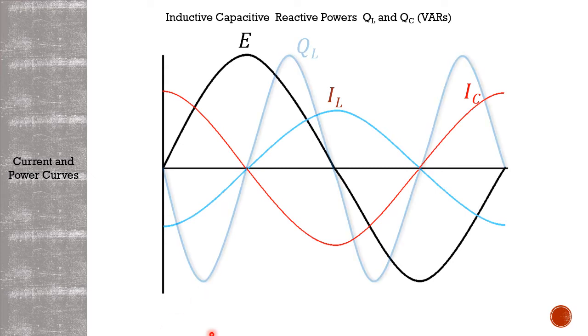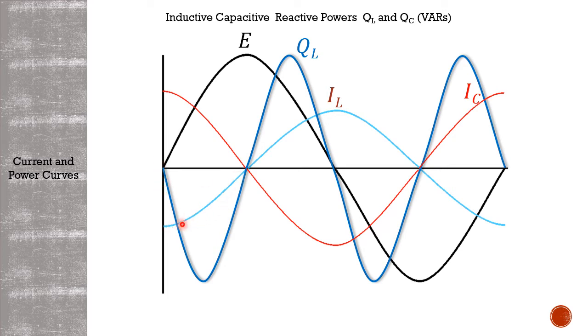Now when we start looking at our powers, when we multiply our inductive current by the voltage, you can see that in this particular quarter here, my voltage is positive and my inductive current is positive, which results in my inductive power being positive. In this next quarter here, my voltage is positive, but my inductive current is negative.